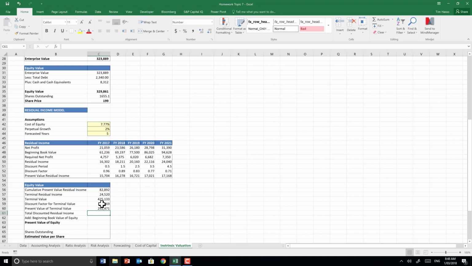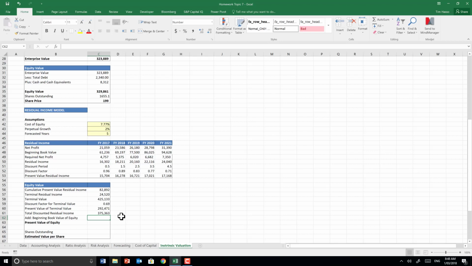So the total discounted residual income is going to be equal to the stream that we forecasted specifically plus the terminal value itself. So essentially the present values are the ones that we forecast specifically, and the terminal value in present value dollars that we've estimated in cell C60. And that's about 375,000.